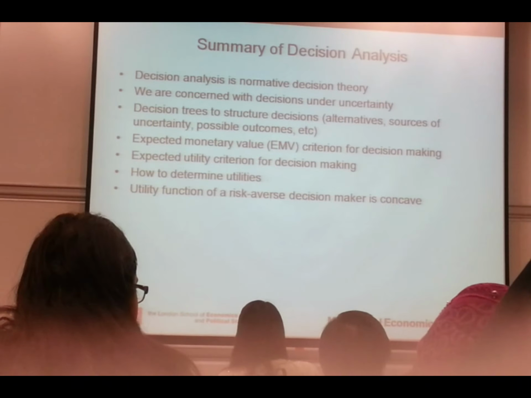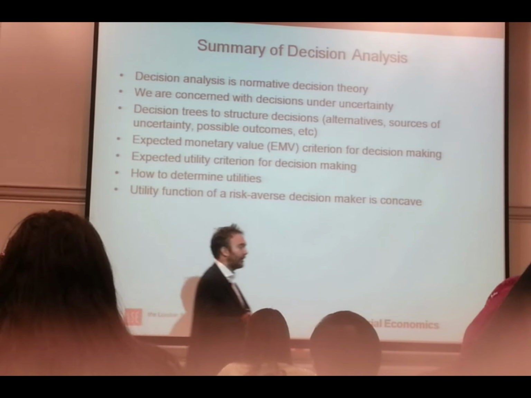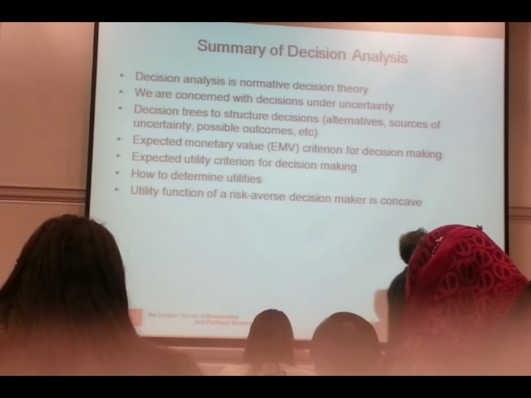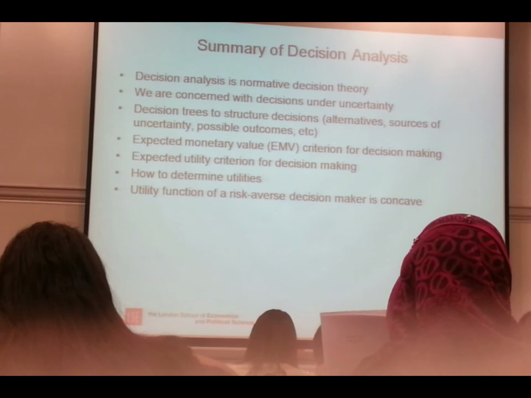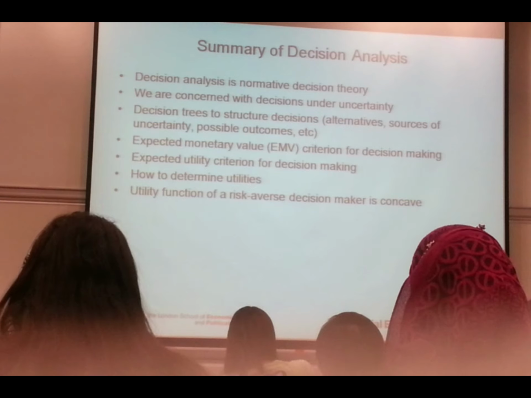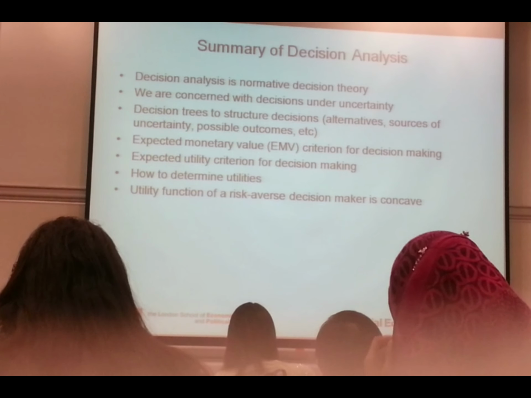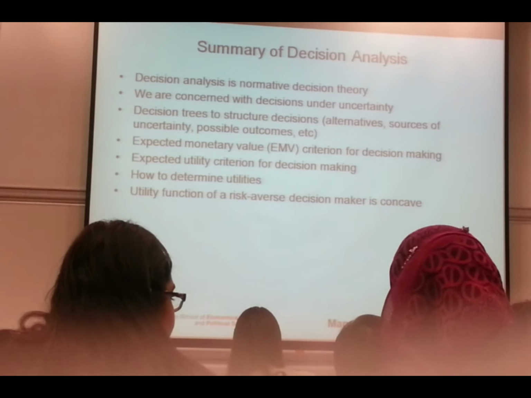What rational decision-making could be doing. So it's not about describing what they do, but it's rational decision-makers, normative behavior. We're concerned with decisions under uncertainty, so it's really about trying to find out what they should be doing if they don't know exactly what the right outcome is.